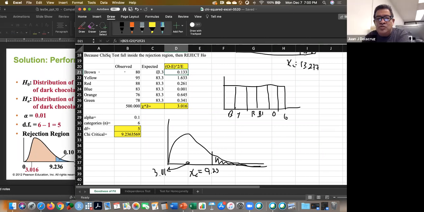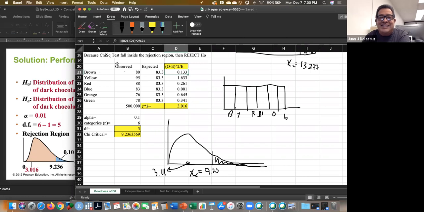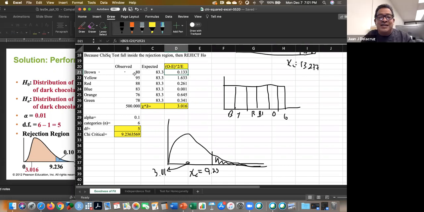My expected is 80 and my observed is 83. Well, maybe they put it in backwards. All right, never mind. That's what I was gonna say. I changed the labels after I sent this, so just relabel it, because I made a mistake. I just thought that it was easier for me to do this. In the past I said expected, observed. So probably that's the reason you have changed it, because you are dividing by a wrong number. Okay.